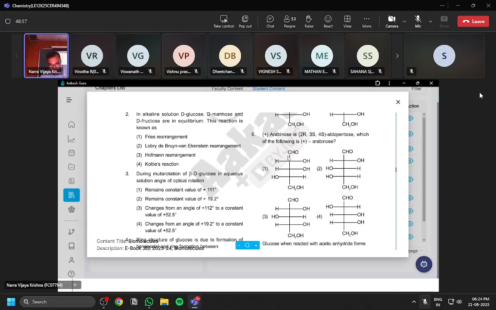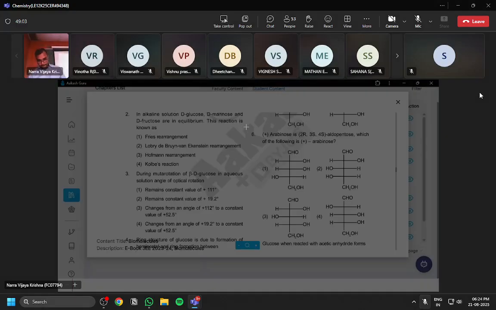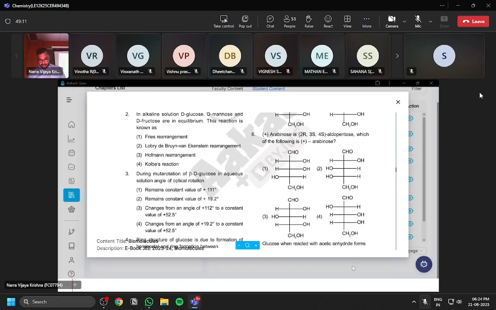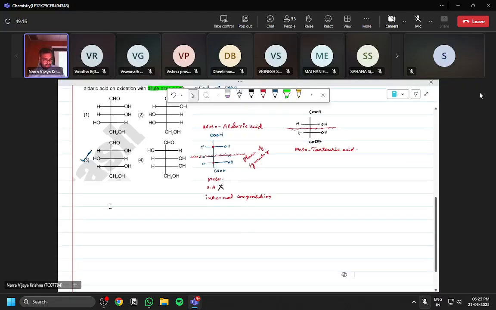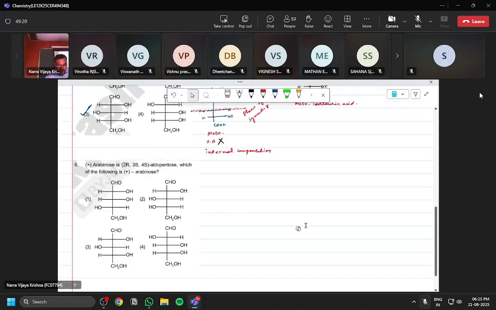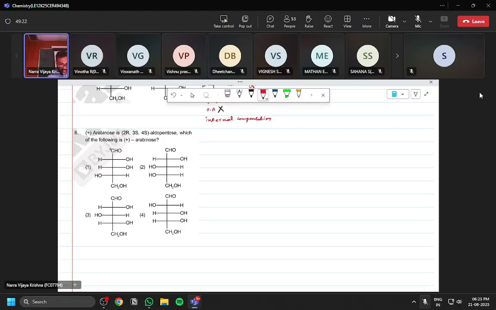Right? This is the first carbon. Answer is 2R, 4R. Okay, this is the first carbon, second, third, fourth, fifth.